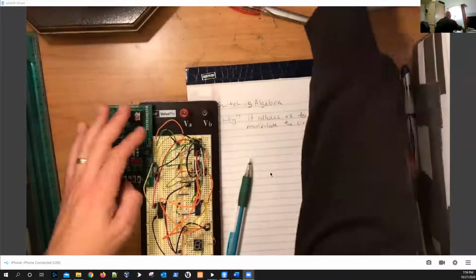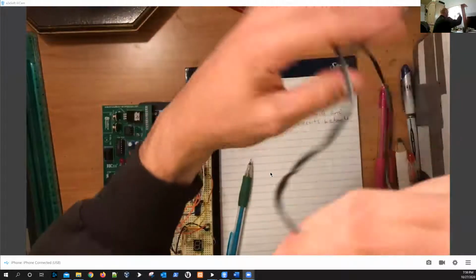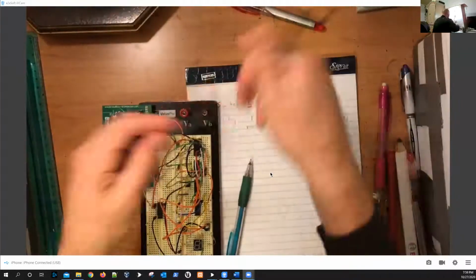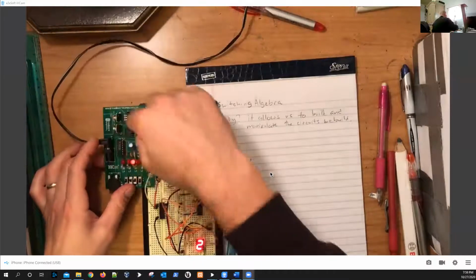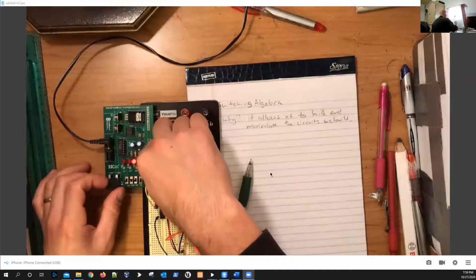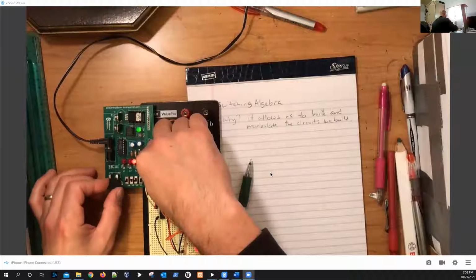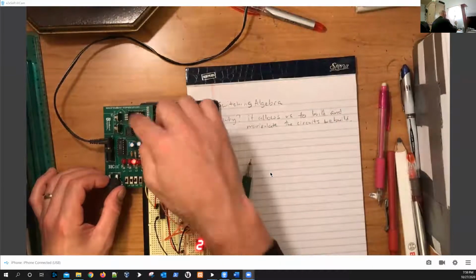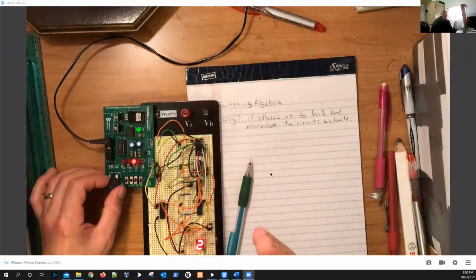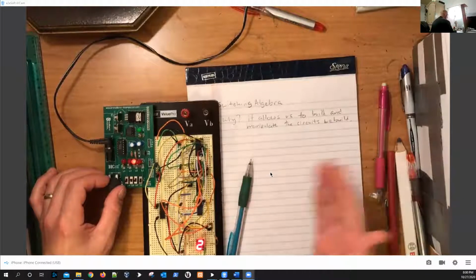And let me retrieve my power source here. This flashing light is also a clock signal. And remember, I said binary is on or off. That's all this is. It's just a signal that is switching between on and off.